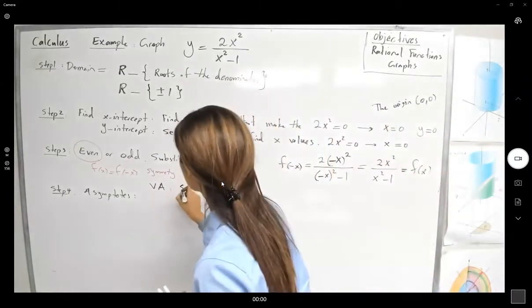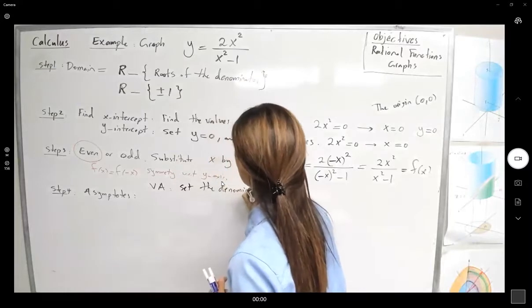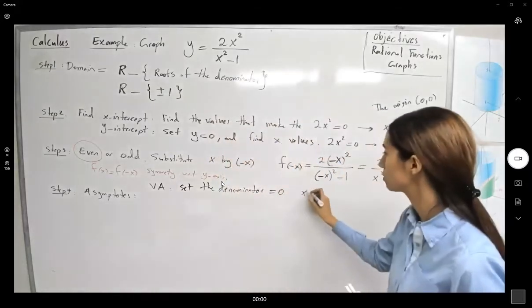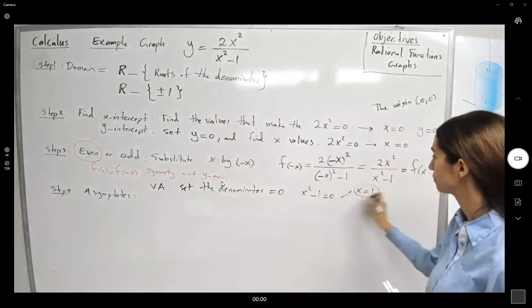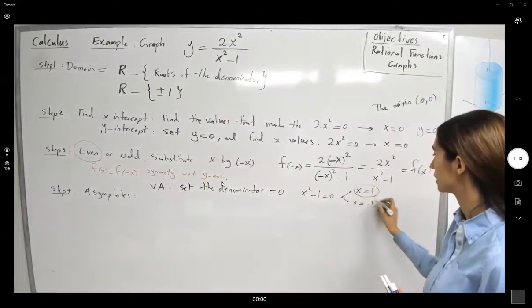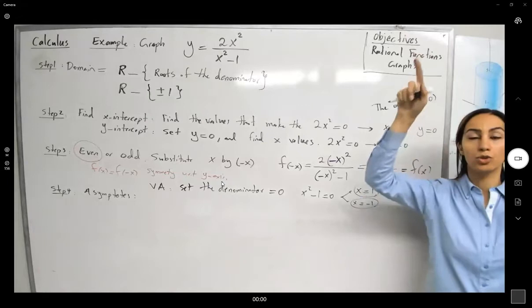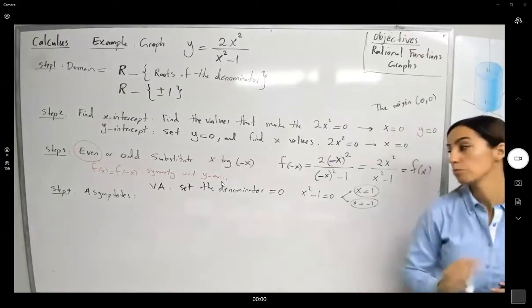Set the denominator equal to 0. So x squared minus 1 is equal to 0. It means that x is 1 and x is negative 1. It means that you have two vertical asymptotes that divide the graph into 3 pieces.